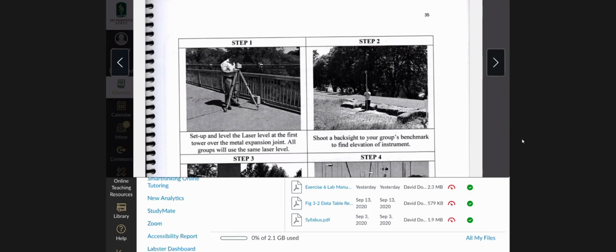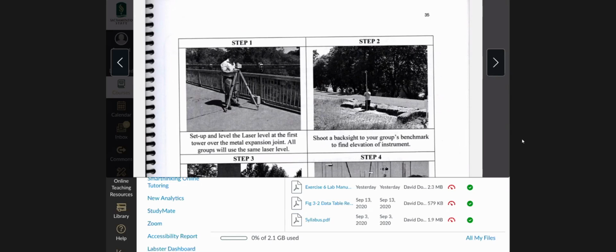But here's how you would take a reading to get your backside if it's up in the air, as the backside here is going to be. So look at step 2. You can see how high up in the air that receiver is in order to get the backside, in order to see the signal that's being emitted from the instrument up on the bridge.